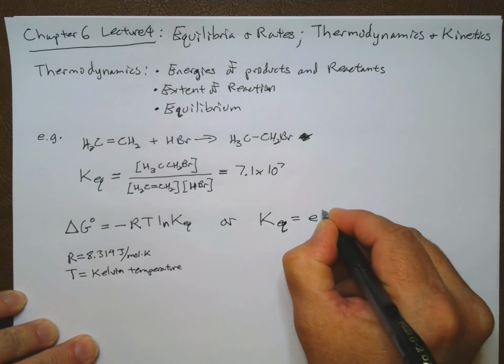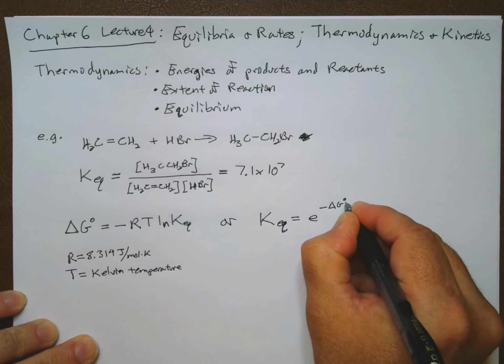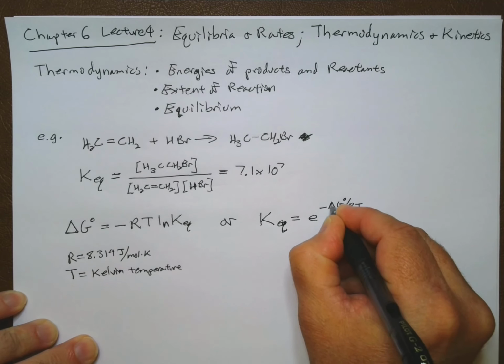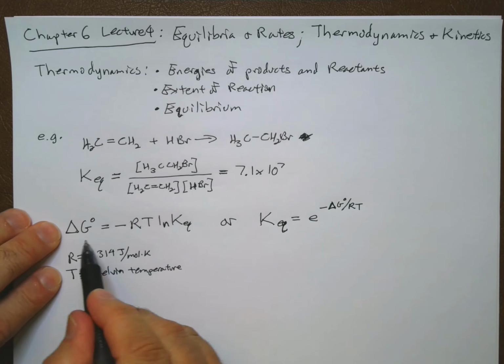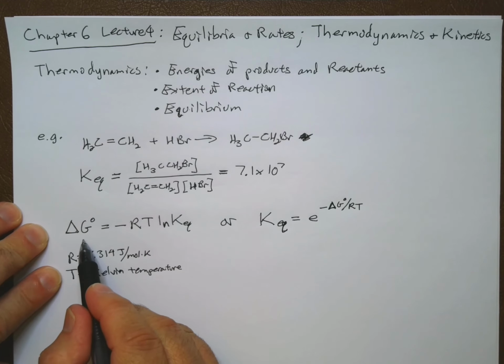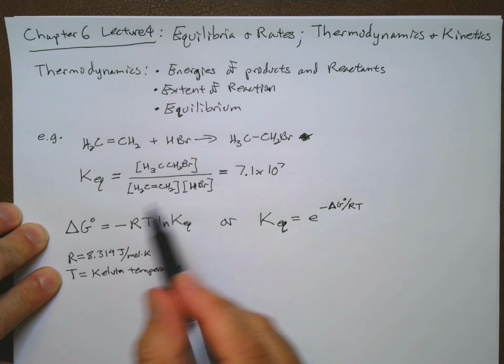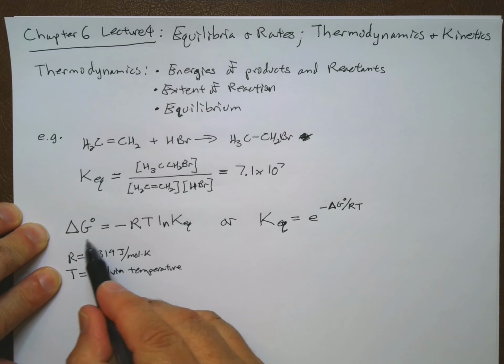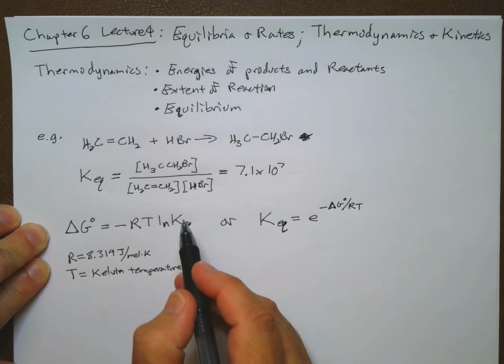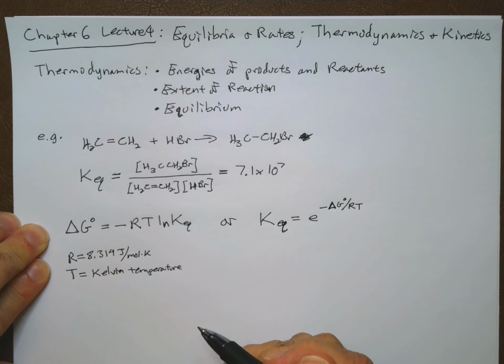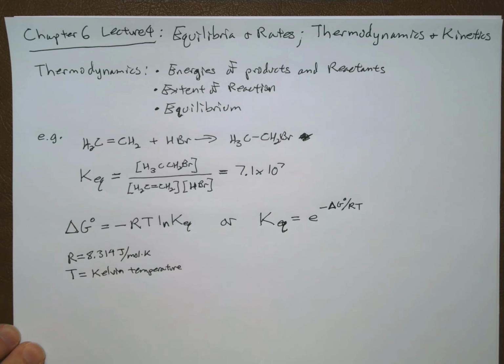KEQ equals e to the minus delta G naught over RT. And this gives us our relationship between free energy, so the energy difference between products and reactants, and equilibrium, so our relationship between free energy and equilibrium. Okay.